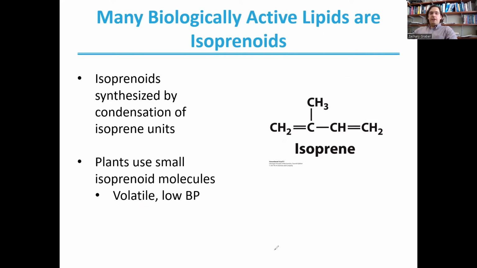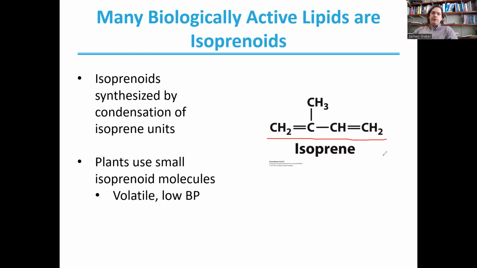Plants will actually often tend to use smaller isoprenoid molecules because this will lead to a low boiling point and relatively volatile compounds. So our actual isoprene right here, of course, with only 5 carbons, will tend to have relatively weak intermolecular interactions and that low boiling point then.